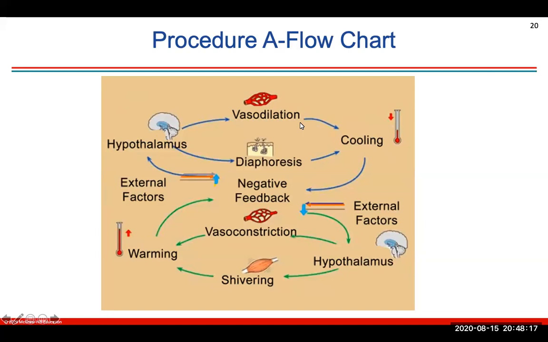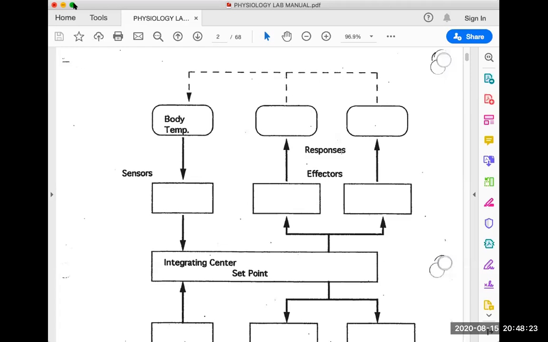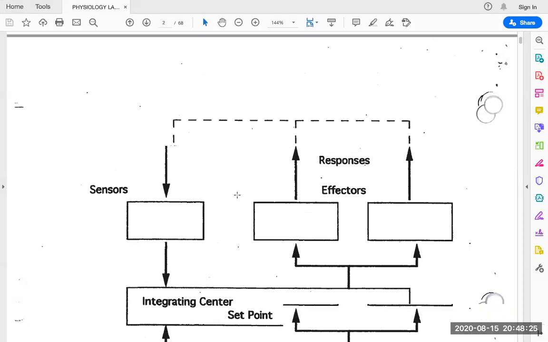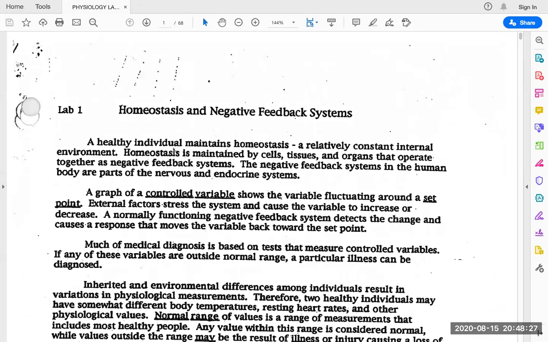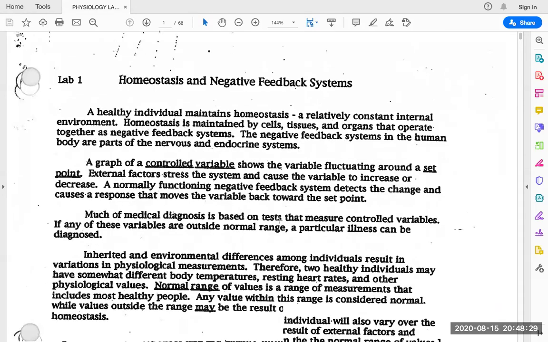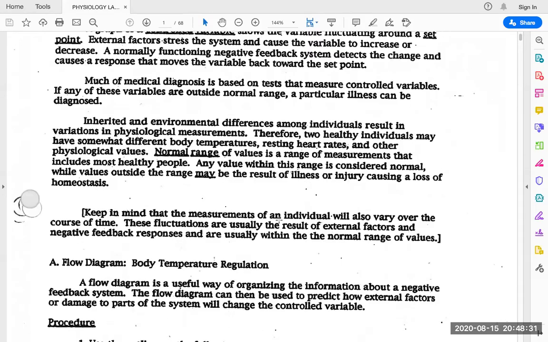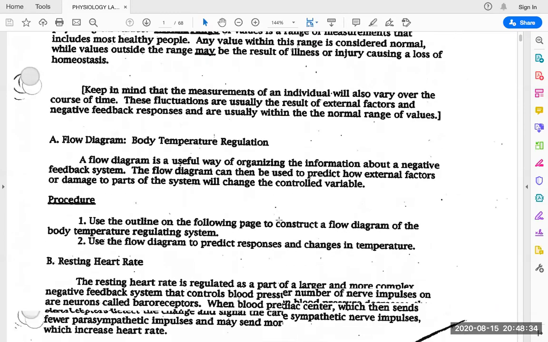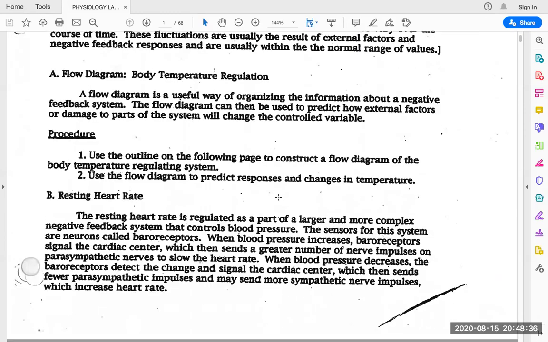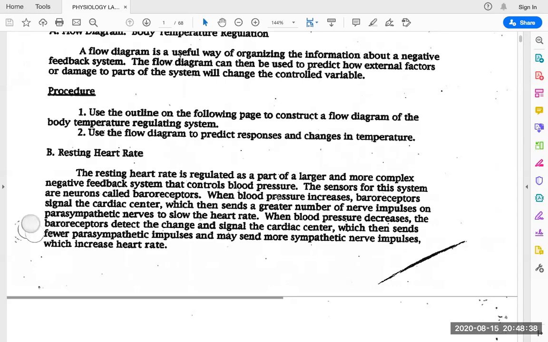So I'm going to share a different screen here of your lab manual itself. You should see your lab manual on your screen. So you can read through the homeostasis and negative feedback systems introduction, and then we'll go through the procedure and you'll use the outline on the following page to construct a flow diagram of body temperature.